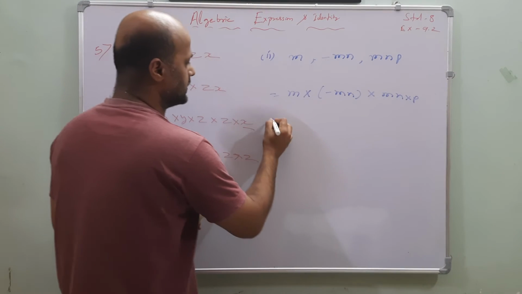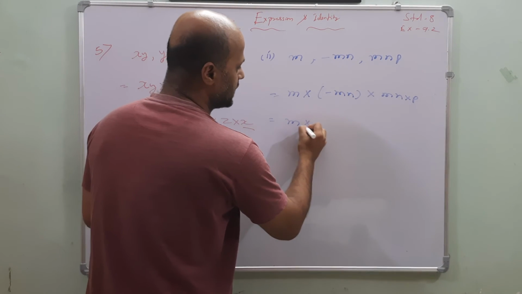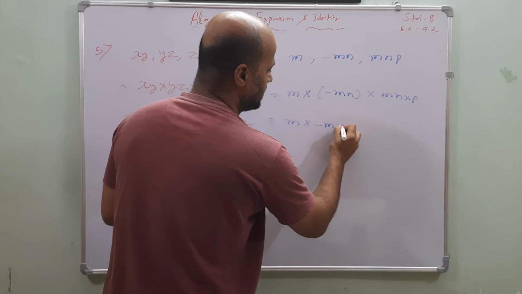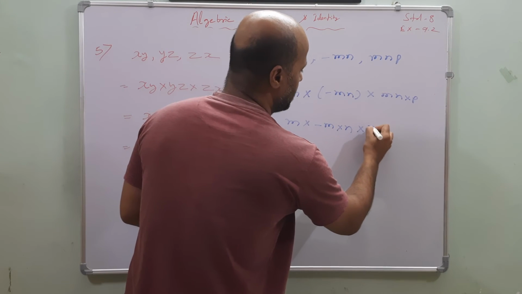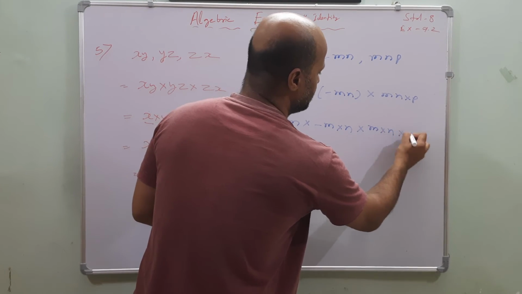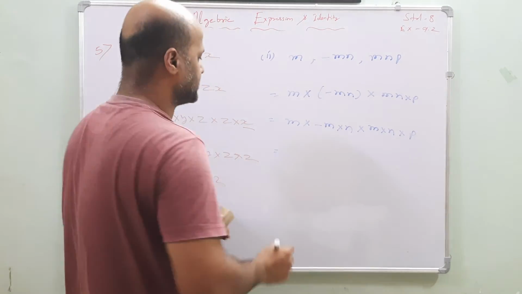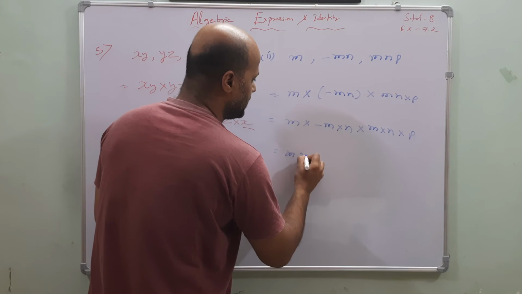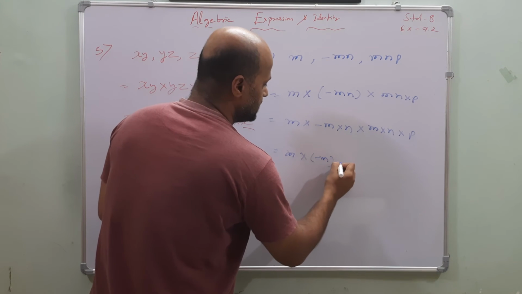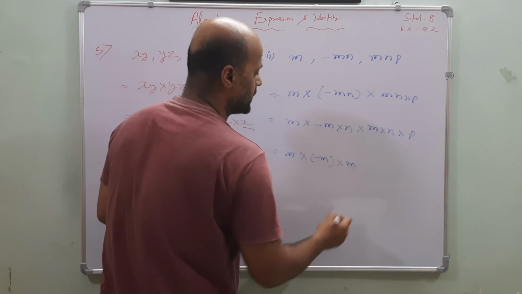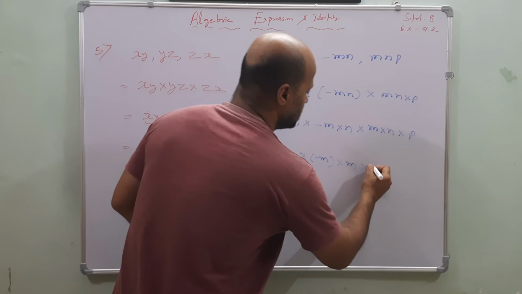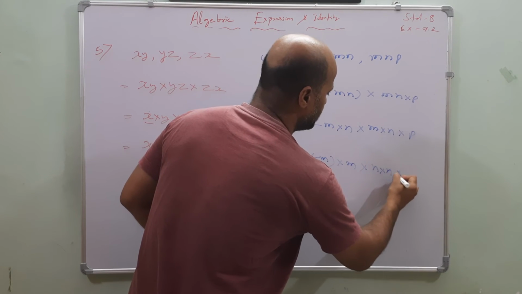Now split everything. If it is easy, then you can split it: minus m into n into m into n into p. Now bring all the m's in one place, the same variable in one place, and n into n into p.